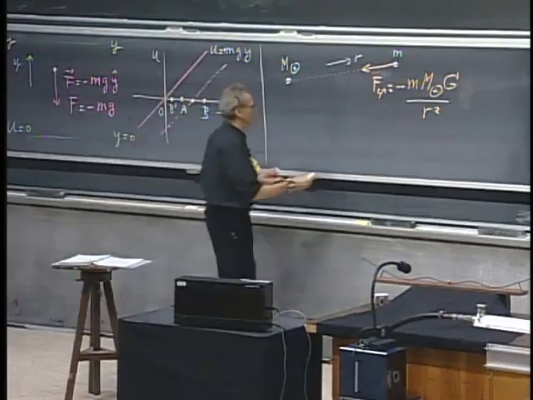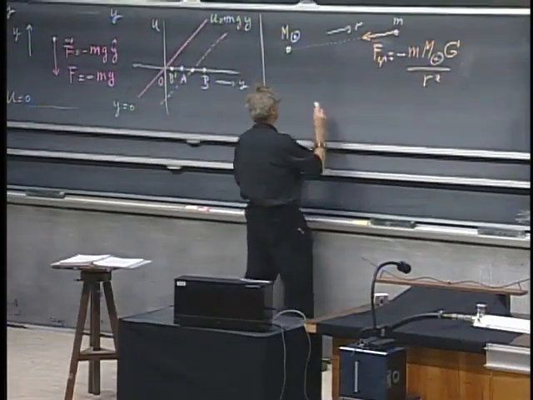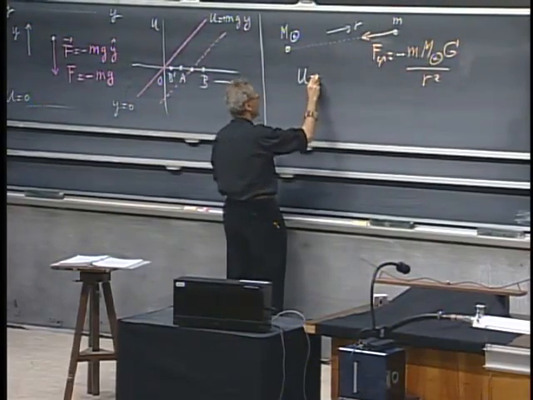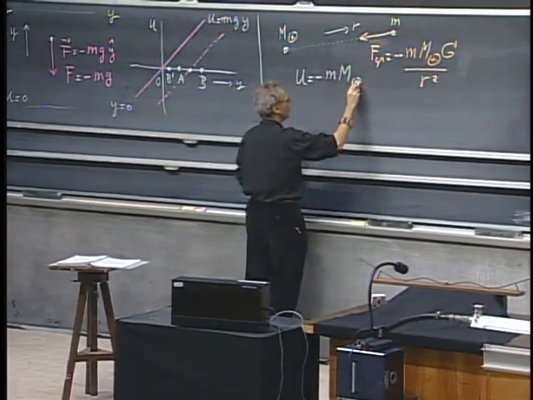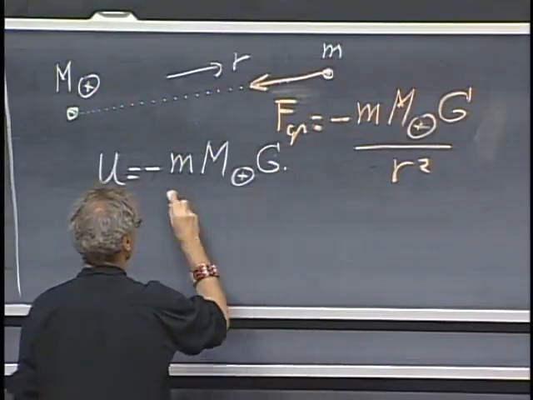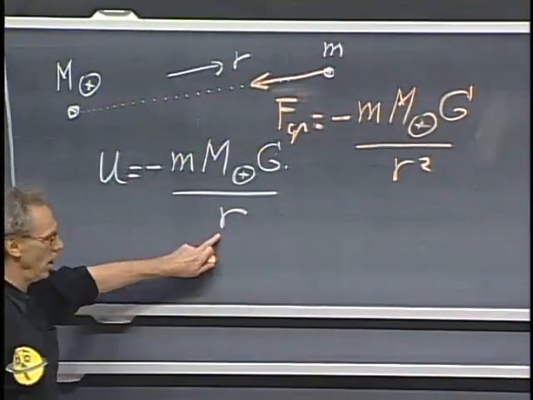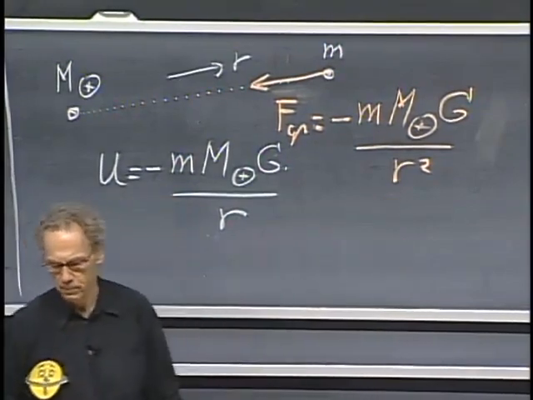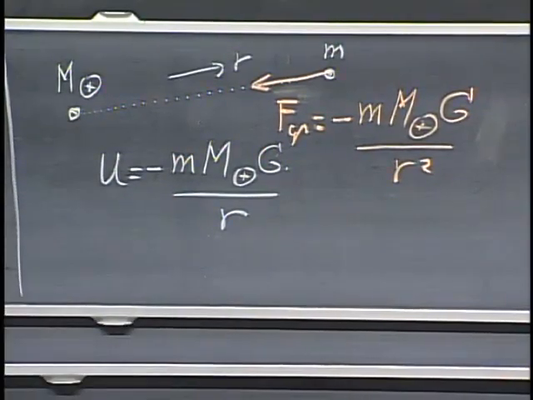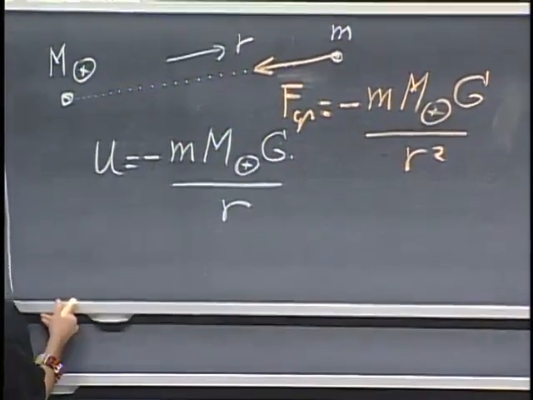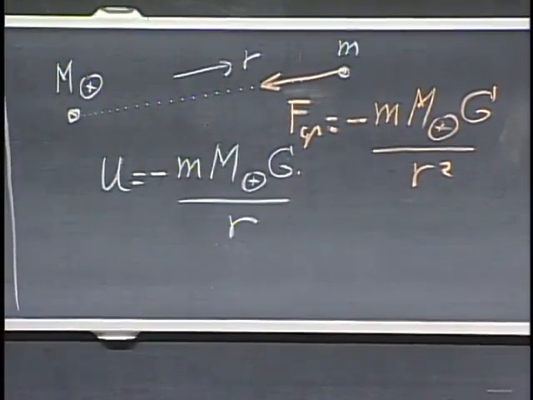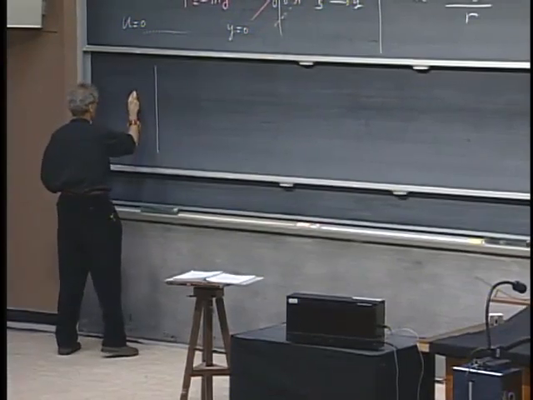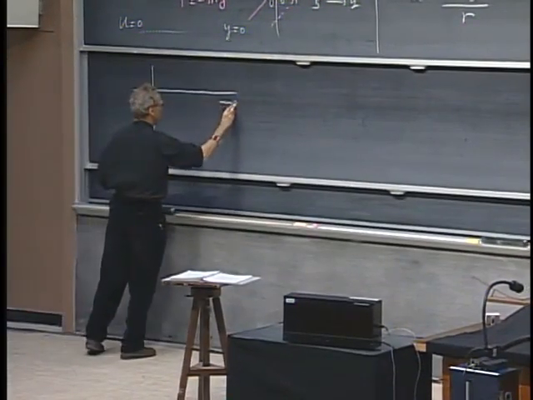The gravitational potential energy we derived last time equals minus m Earth, G, divided by r. Notice here is r and here is r squared. And if you plot that, the plot goes sort of like this. This is r.